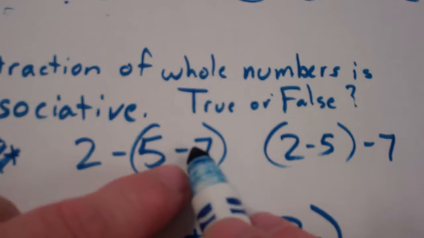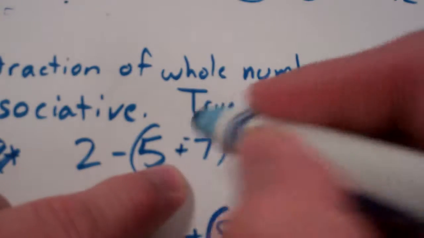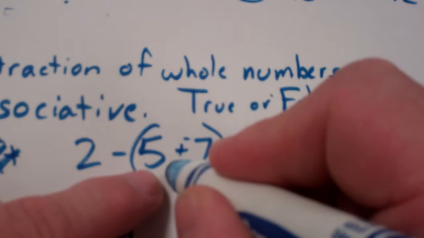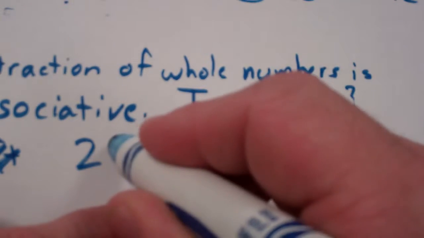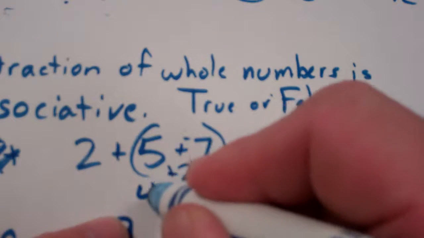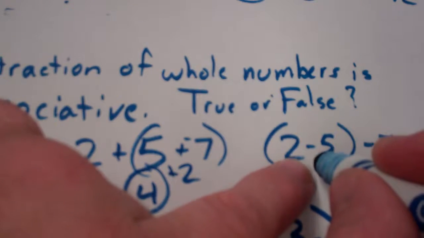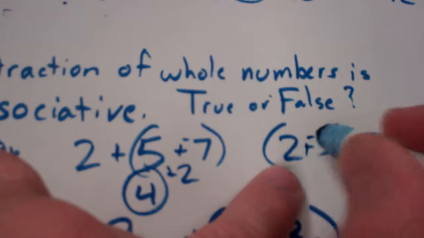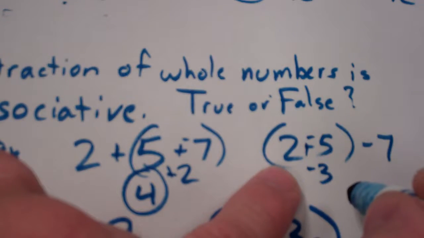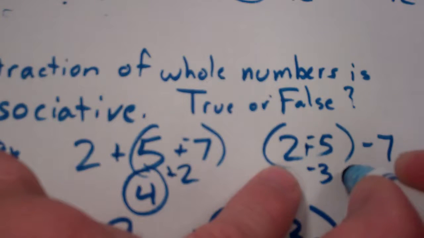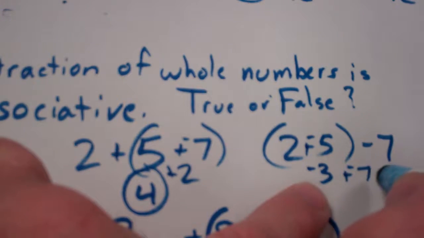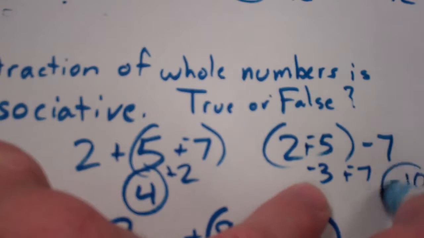So 5 minus 7 would be, leave change opposite, different signs subtract, sign of the larger, negative 2. 2 minus negative 2 is 4. Over here, 2 minus 5 is negative 3, right? Negative 3 minus 7, leave change opposite, same sign, add, use that same sign.